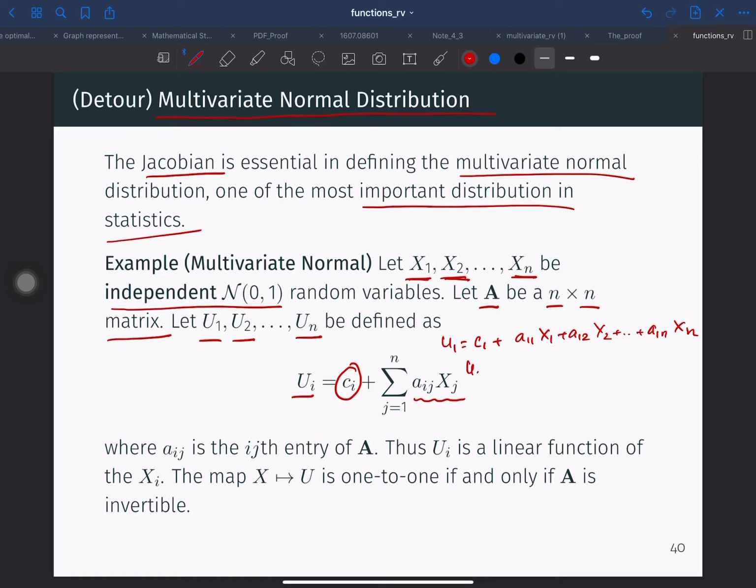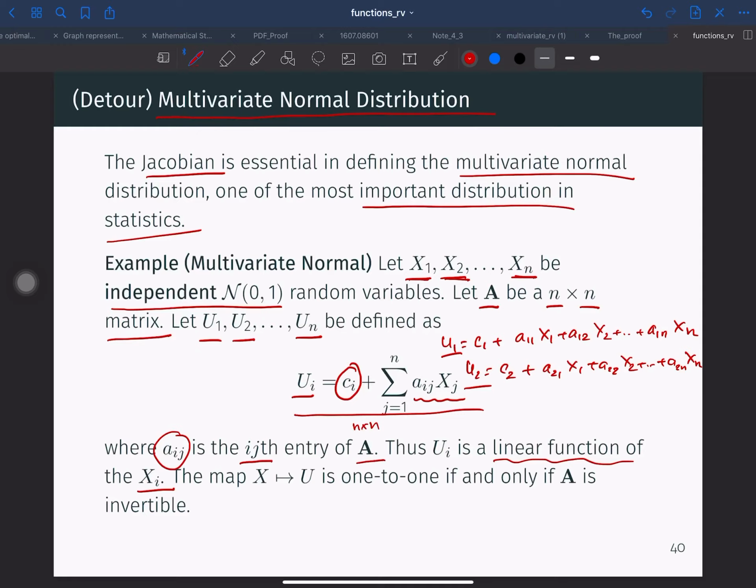And then u2 is another linear transformation, c2 plus a21 x1 plus a22 x2 plus up to a2n xn. So each of the ui is a linear combination of the xi. I will let aij be the ij-th entry of this n by n matrix, boldface A.